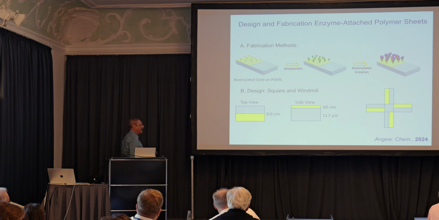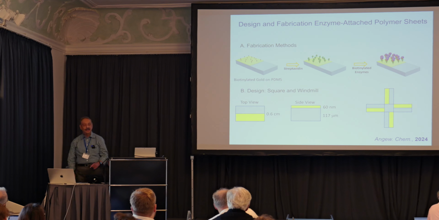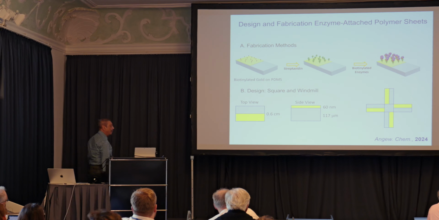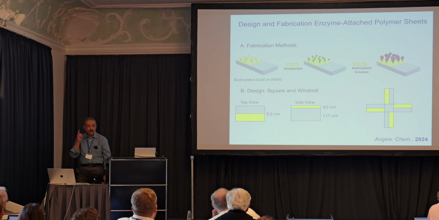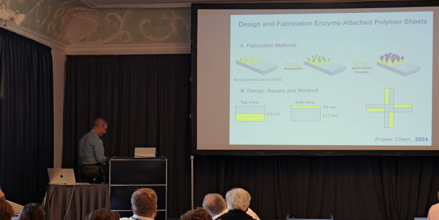Okay? Now, suppose you put two different enzymes on these yellow patches. One that pumps in one direction, and the other that pumps in the other direction. Okay? Then the rotation will depend on whose substrate you put in solution.